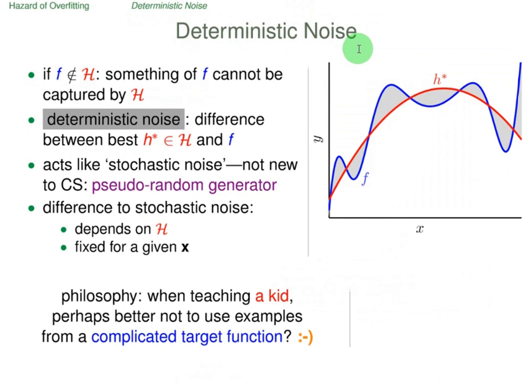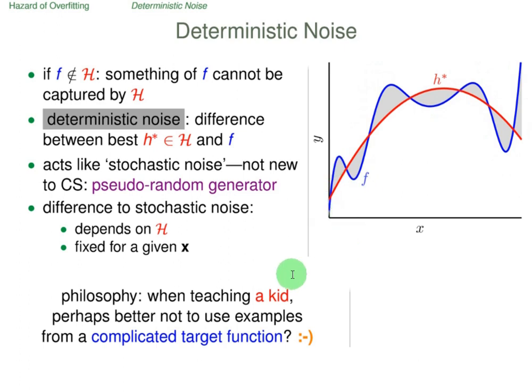The deterministic noise is a part of the target function that the best hypothesis function h that we select from data cannot capture. Okay, in this graph, h is selected from the data, h star, and then the target function is shown by the following function in blue curve.